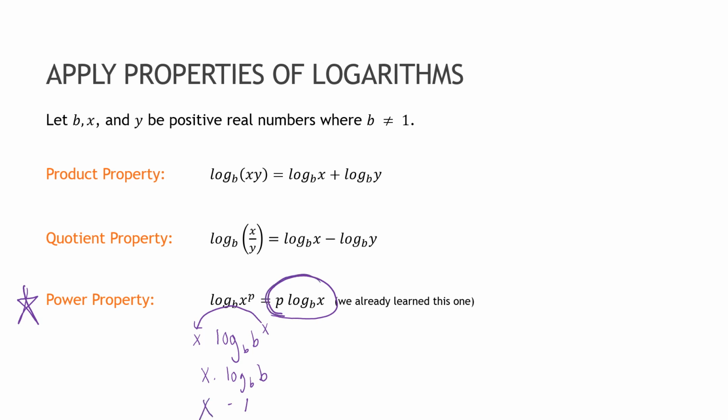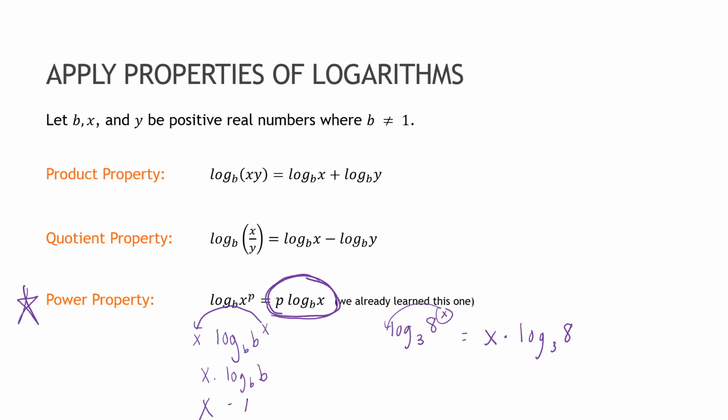But this is saying, hey, it's okay if you have log base 3 of 8 to the x. Then I can rewrite that with the x out front times log base 3 of 8. So this is going to be helpful, again, using the power property.